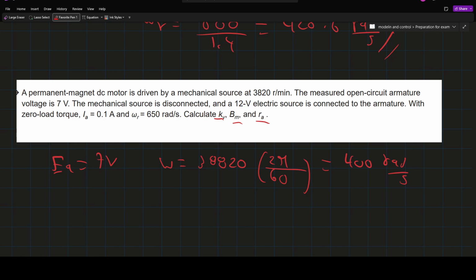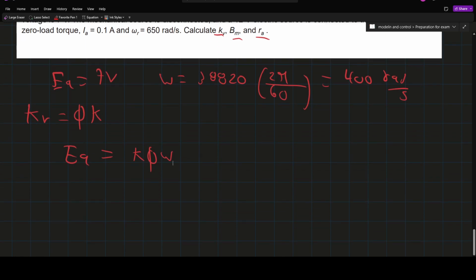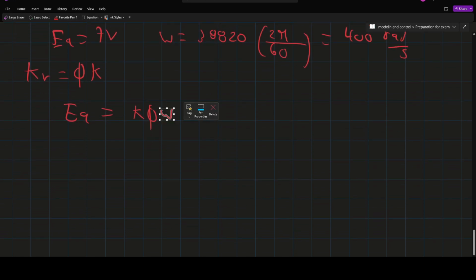So KB, if you remember, KB is how we write our flux times our constant, and that's what they want us to find. So one of the formulas that has this. Because we have here the terminal voltage, we can use the formula of EA equals K phi omega to find our K phi, because now we have our omega too.